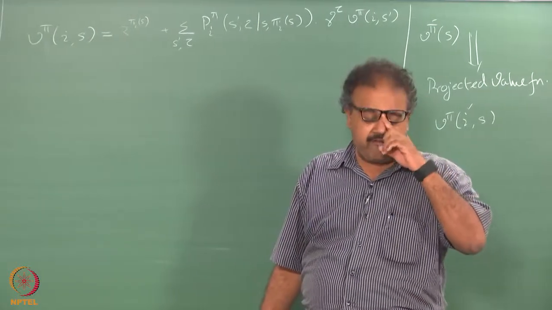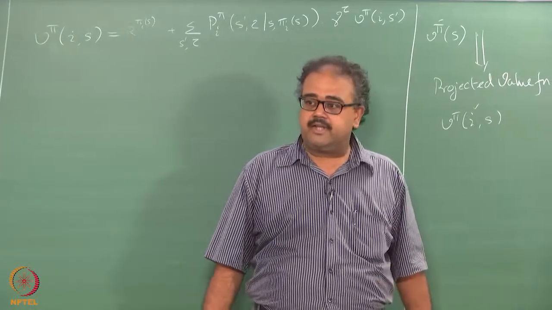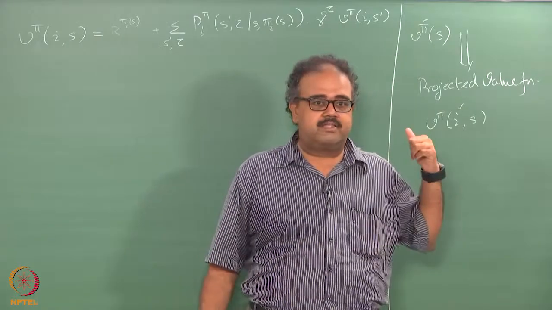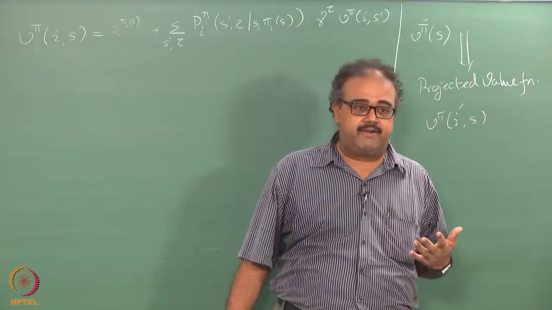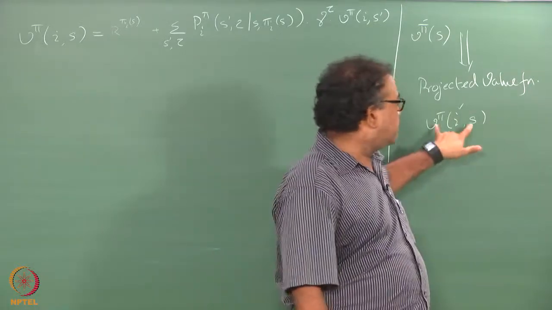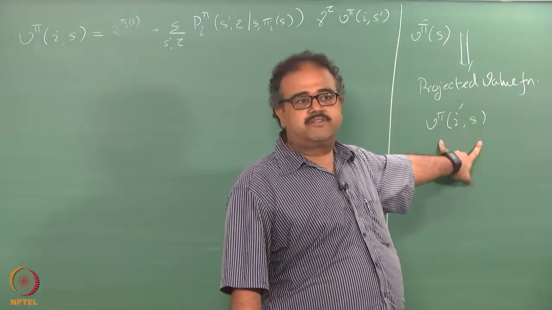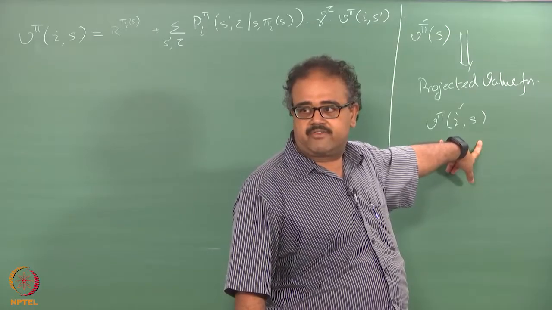In fact, in a later paper somebody pointed out that there are problems with the MaxQ value function decomposition, the way Dietterich defined it, precisely because he operates with the projected value functions. Because of that, there is no chance of you learning a hierarchically optimal policy.